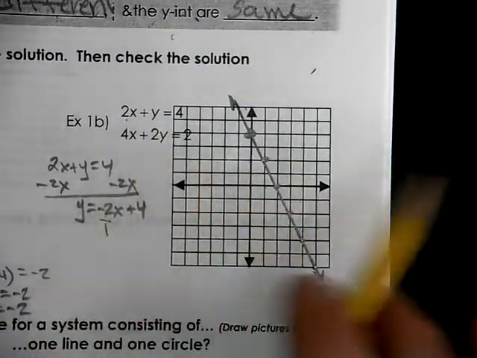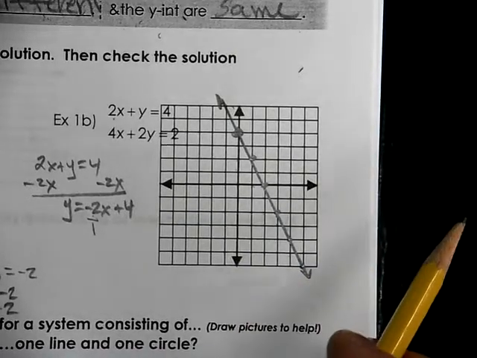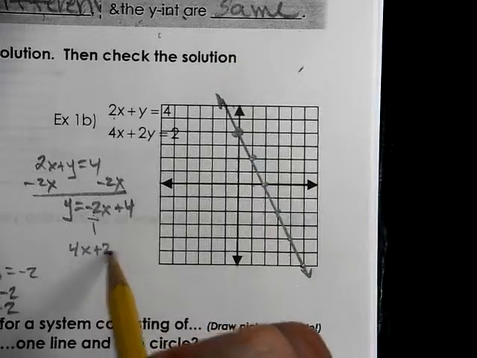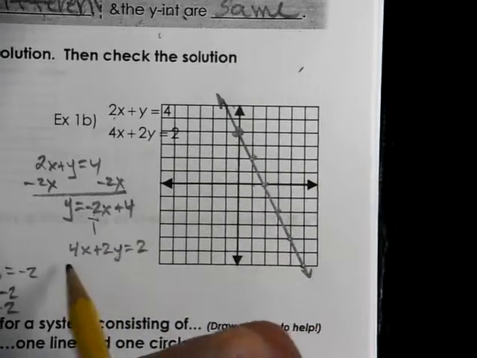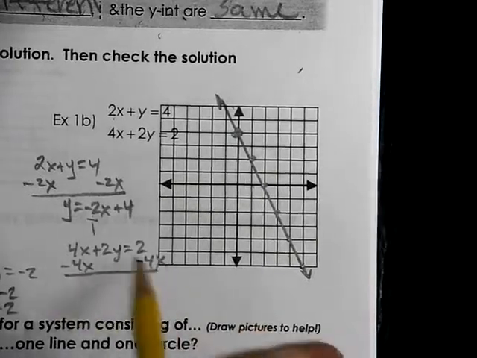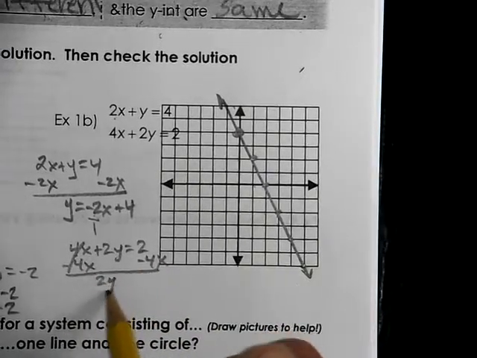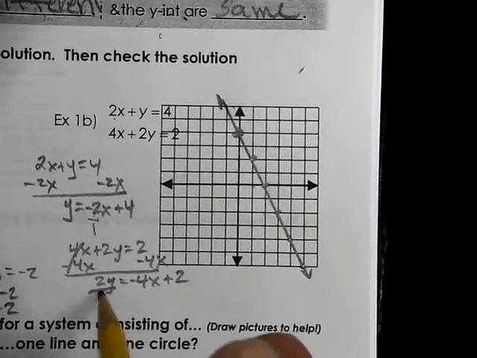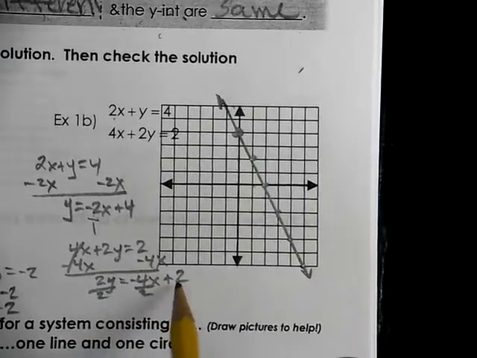Then we'll come on down to our next equation. And we have 4x plus 2y equals 2. We'll subtract across our 4x. We'll divide by 2.